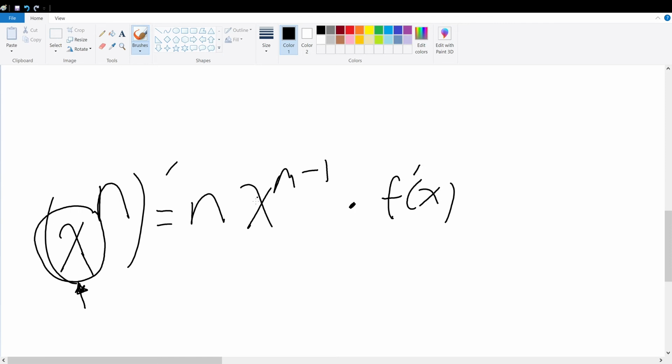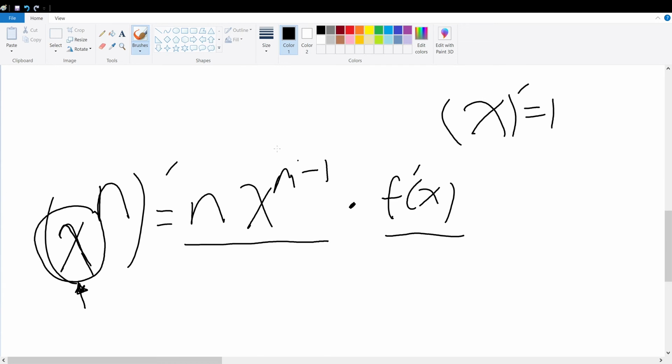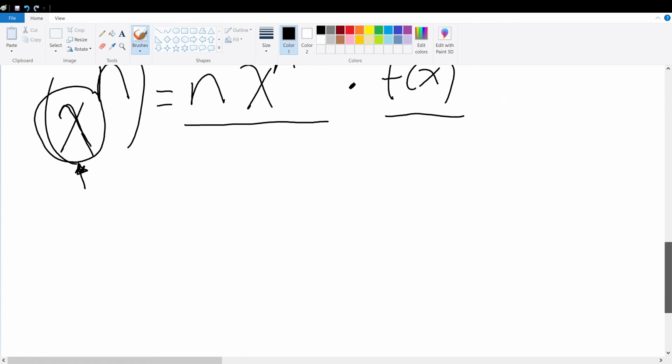But usually, since this variable's power has already been differentiated, you don't need to do that again, because any variable's derivative would just be 1, and any constant's derivative would just be 0. So that is a crucial aspect when you're learning derivatives.